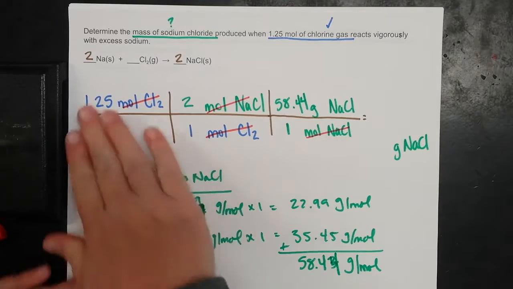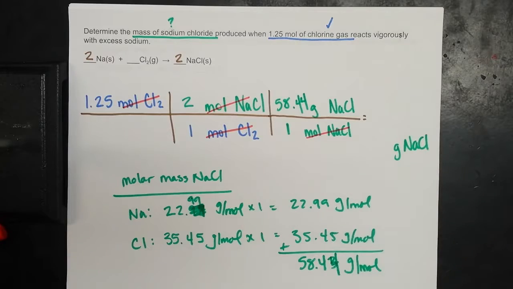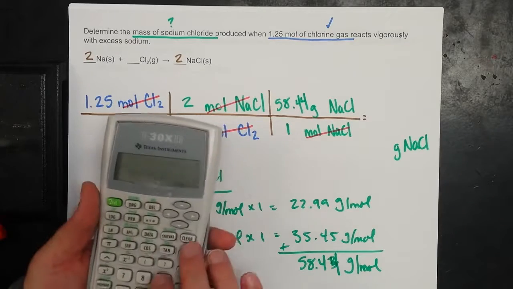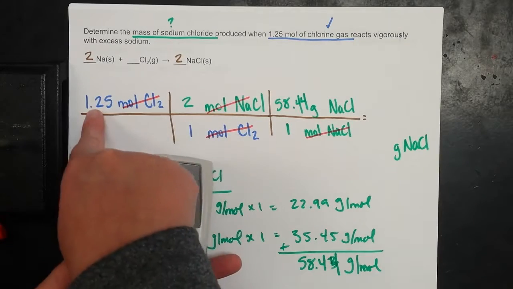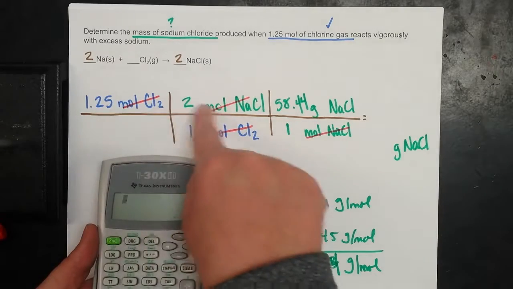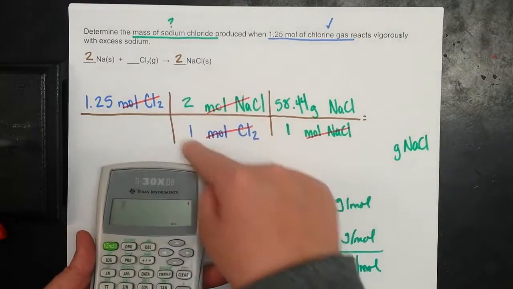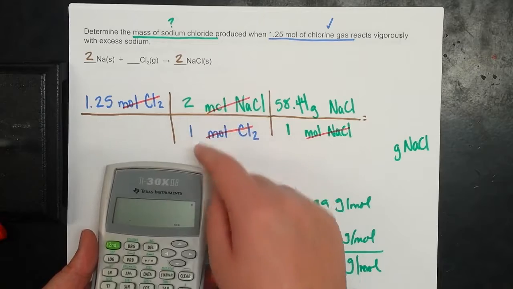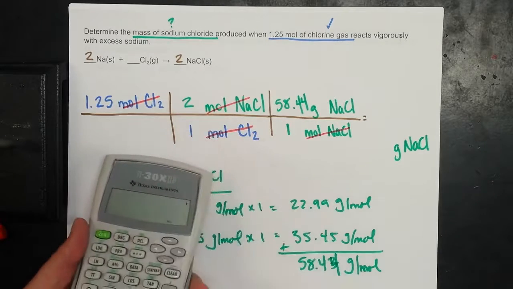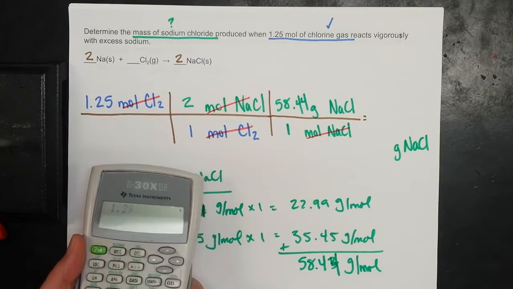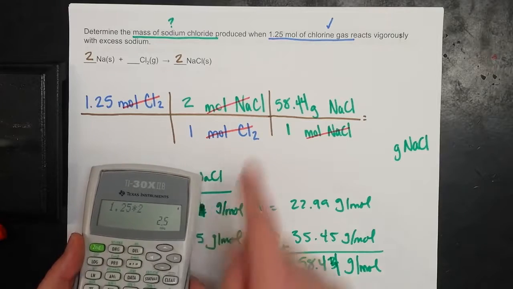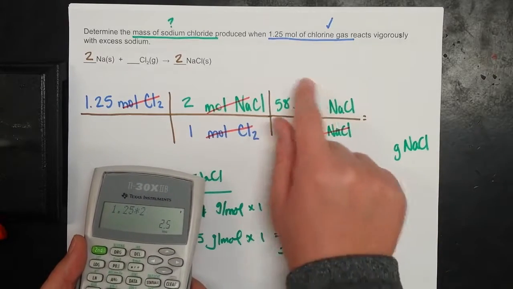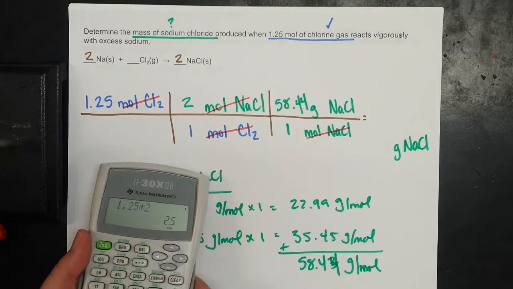Now that everything is complete, I've got the answers I want, I can do the math and I will be done. So here I'm going to take 1.25 moles of chlorine, multiply it by this mole ratio, which is going to be 2/1, or just take 1.25 times 2. That's going to be 2.5, but we'll just practice. And then I'm going to multiply it here by 58.44.